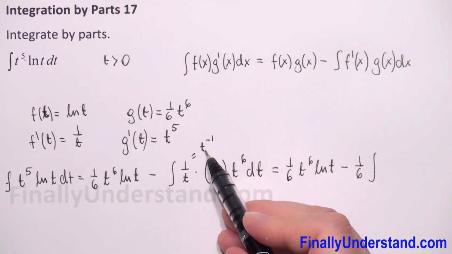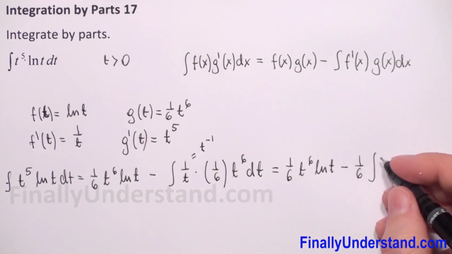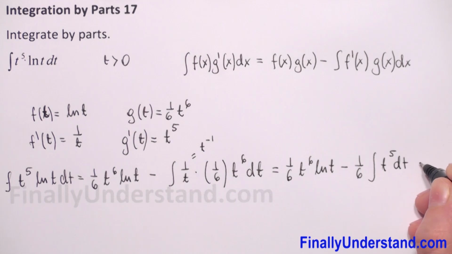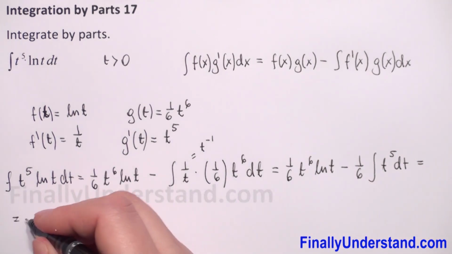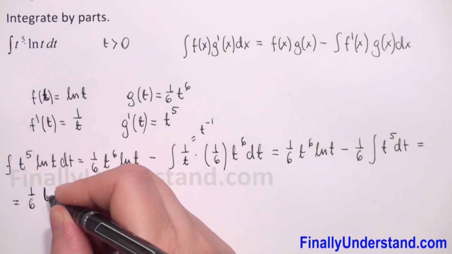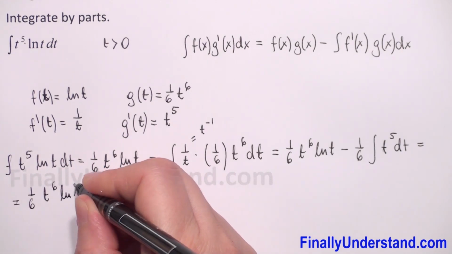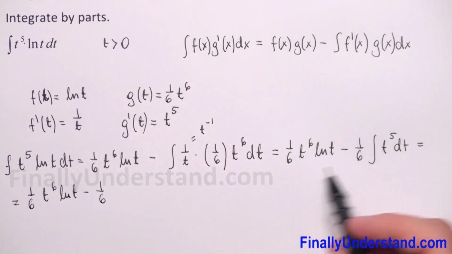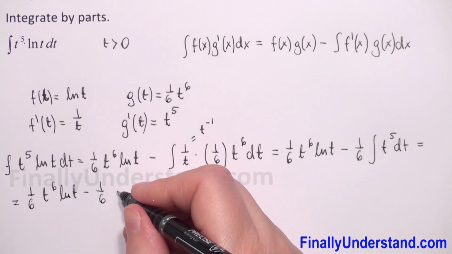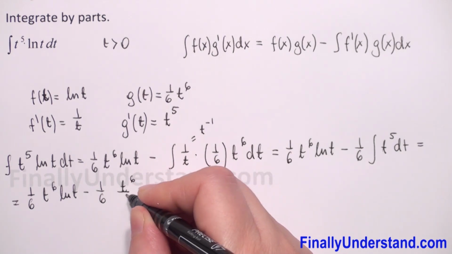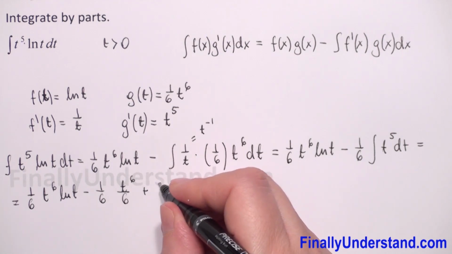The same base we have, so we have to add exponents, and it will be t to the power fifth dt. So this is equal, we have to copy 1 over 6 t to the power 6 natural logarithm of t minus 1 over 6, and the integral of the power function we have to calculate, so this is equal t to the power 6 over 6 plus, of course, constant c.